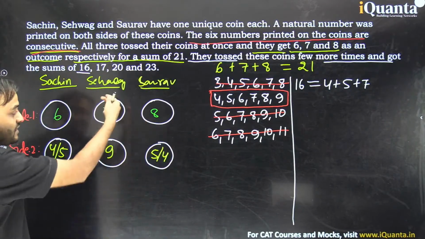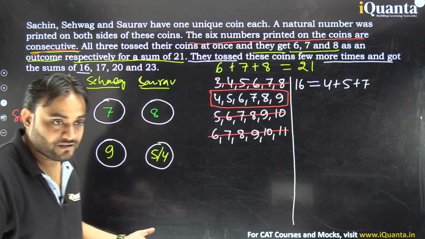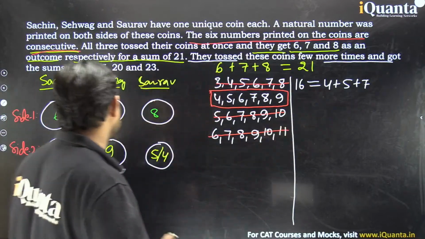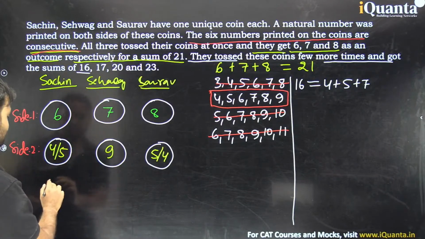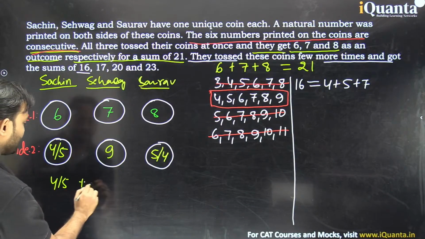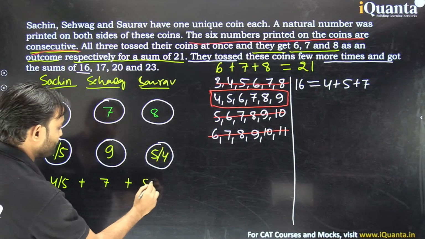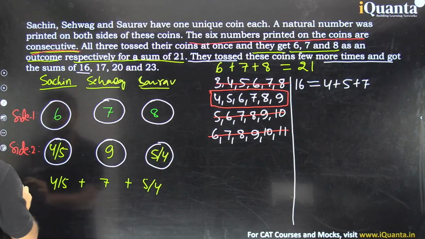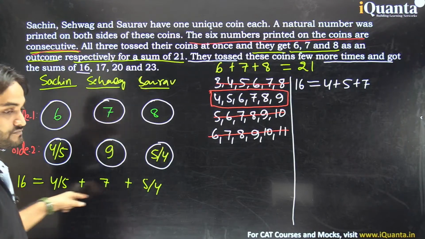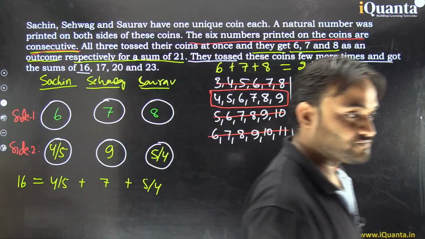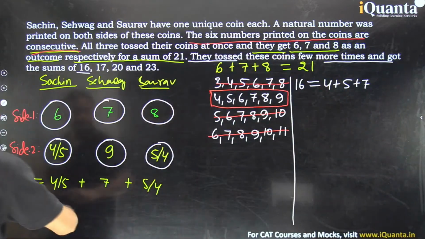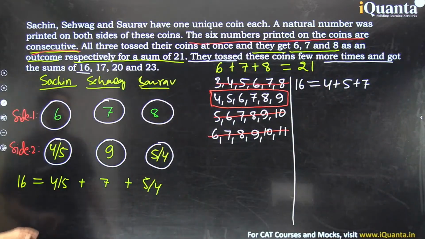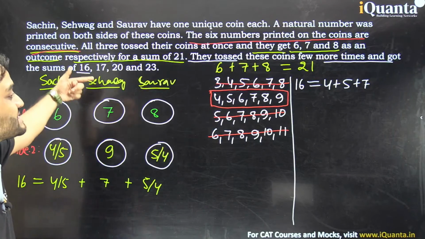That 9 will be against 7. Why? Because we are getting result 4 or 5 plus 7. This will be 4 plus 5 plus 7 plus 5 or 4. This is 16. Think. This is 16, right? Okay. So we can fix 9 with 7.